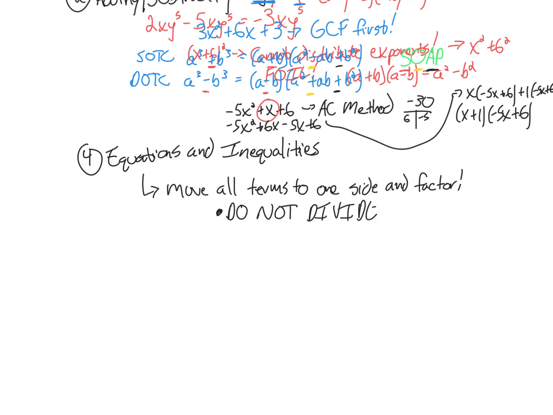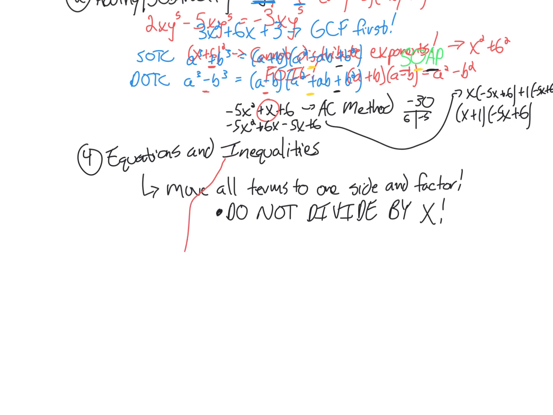That is a major sin. It's on the 10 commandments of do not do's here in Algebra 2. If you do that, you lose the zero terms sometimes. So do not divide by x when you're doing equations. Just move all the terms to one side and factor, and then solve for x.